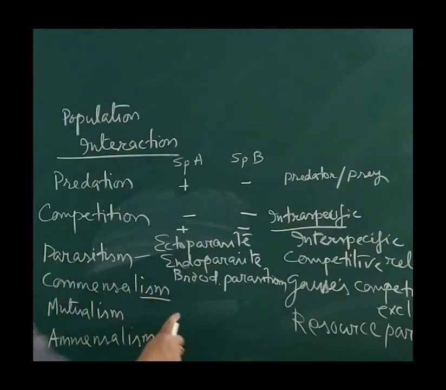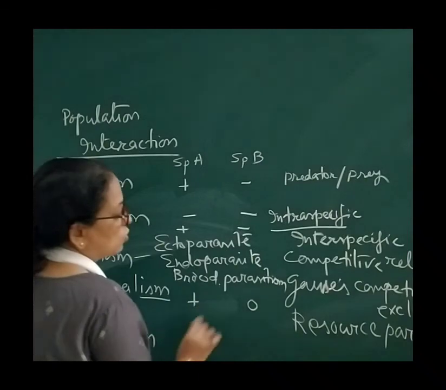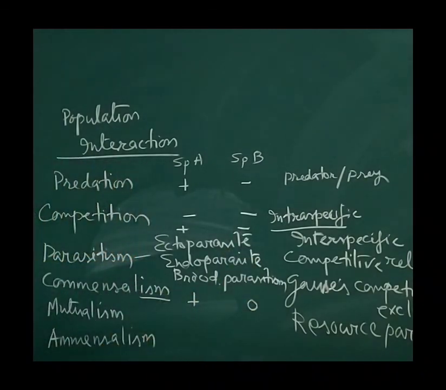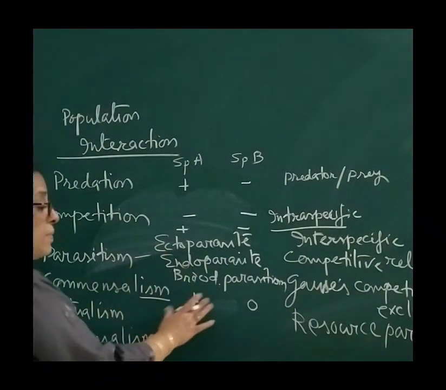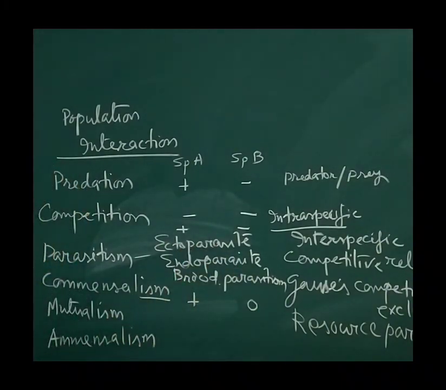So if one is plus, the other is zero. Examples: an orchid growing on a mango tree as an epiphyte, barnacles growing on the back of a whale, egrets that always forage along with grazing cattle, and a sea anemone with stinging tentacles in which clownfish live. In these examples one is benefited, but the other is neither harmed nor benefited.